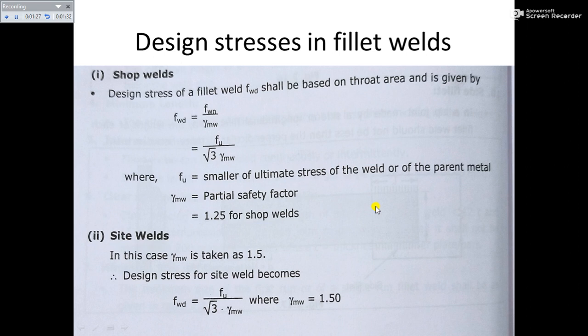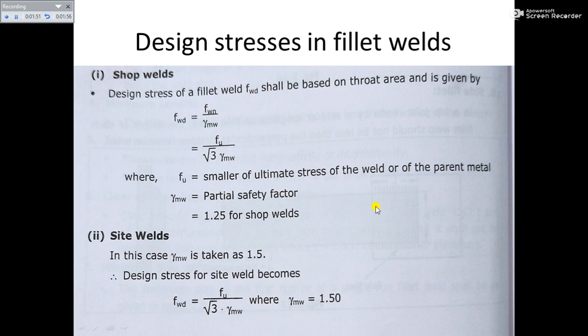I have just given the idea that in shop welds the partial factor of safety is less as compared to the site welds, because at site we are doing the construction work at the site.